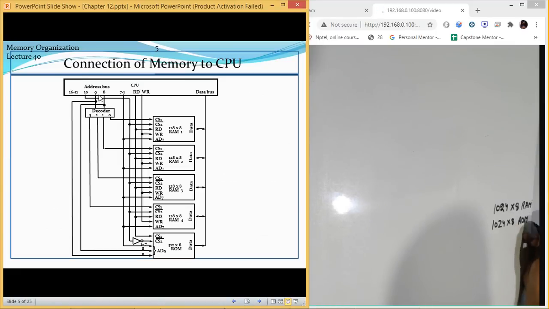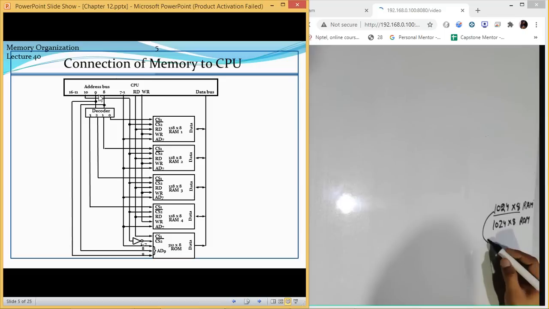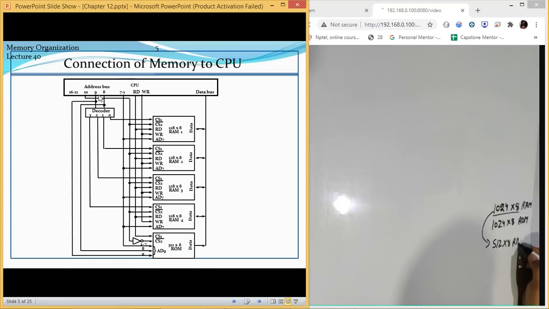This is the size of memory which I want in this case. And the size of chip which I am having is a 512 into 8 RAM chip.